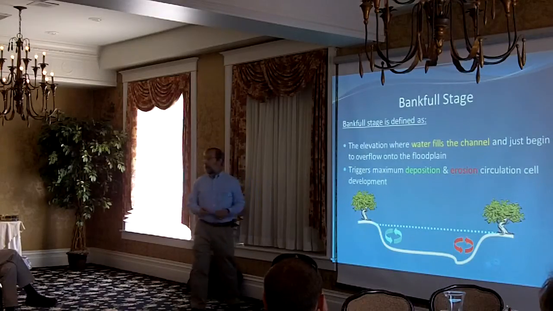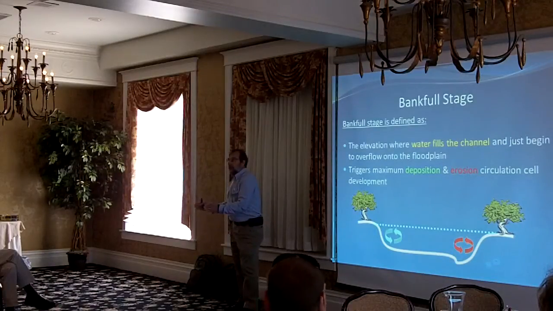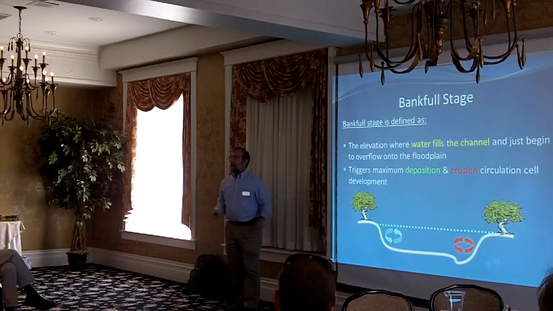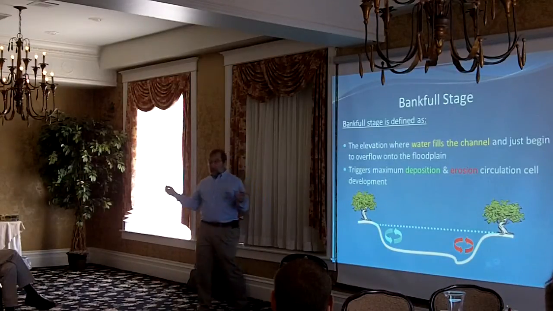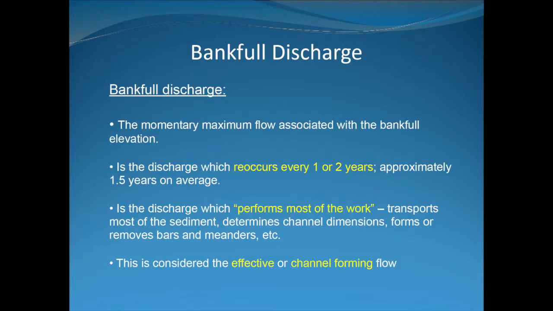In some streams that are beginning to become disturbed, it might be very tiny, but it's still there. It's apparent on almost all streams except mountain streams, and we don't have too many of those right here. So the bankfull discharge is the momentary maximum flow associated with that elevation, and it recurs every 1 or 2 years, and it's the part that does the most work.